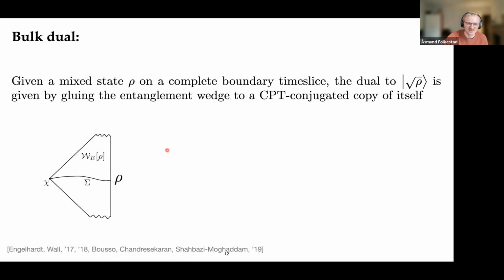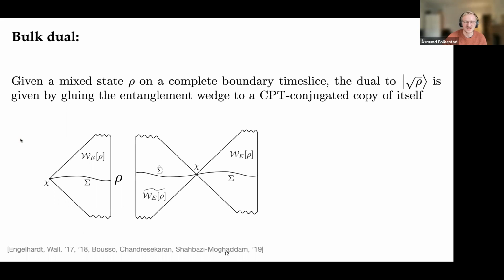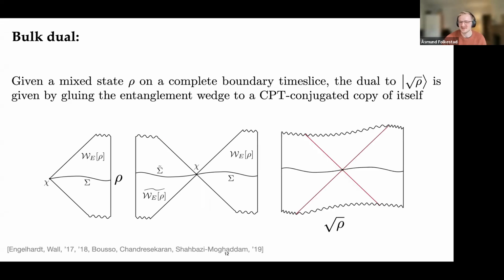You start with some state rho and its entanglement wedge like this. Then you glue it to a conjugated copy of itself. You see that this second wedge is flipped on its head because the CPT involves a time reversal. Finally, to get the complete spacetime, you just evolve forwards and backwards in time. Then you get this spacetime here on the right that's dual to the canonical purification, the ket of square root of rho.